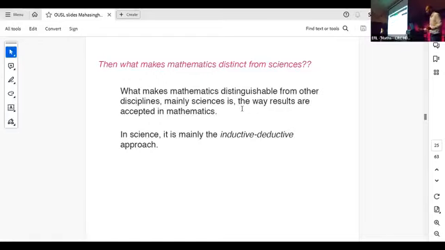But the distinct feature in mathematics is that it is mostly or almost all deductive arguments. We cannot rely on inductive arguments. This is actually what makes mathematics distinct. Not that it is not man-made. Whatever mathematics we practice is man-made.